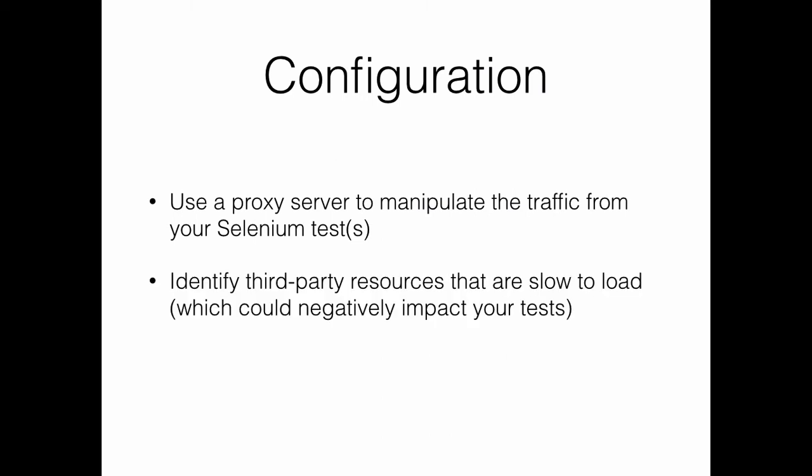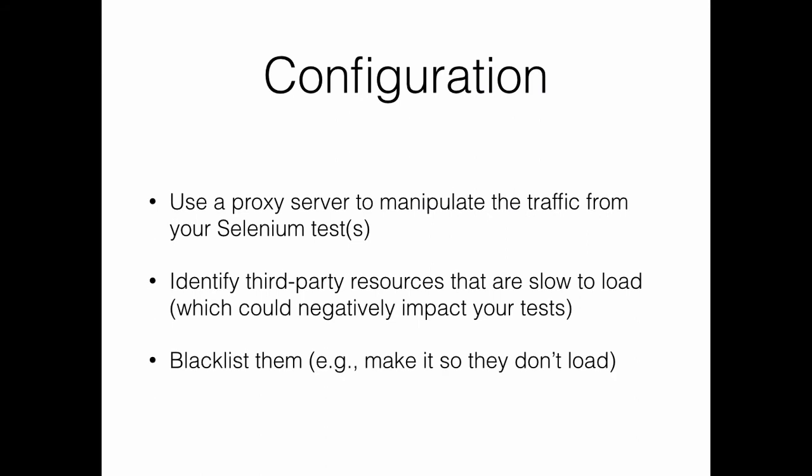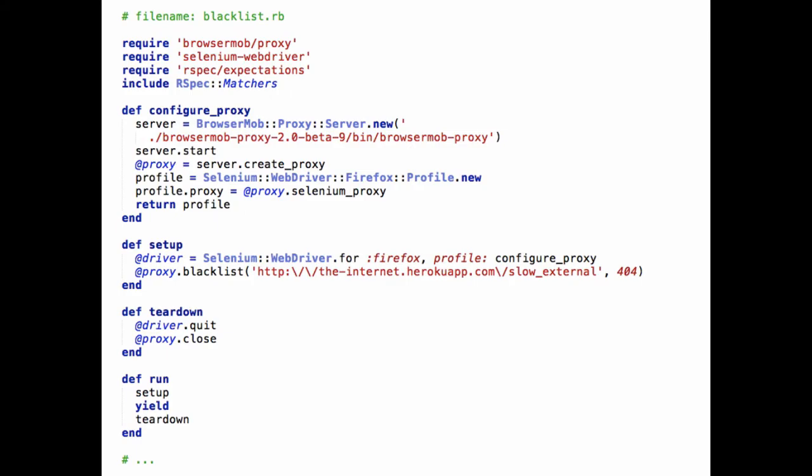So you can identify third-party resources that are slow to load. And these are things that could negatively impact your tests that are outside of your control. Say, for instance, if you have ads from a third party, Facebook ads, something like that, you can actually find them and force them to not load. And by doing that, you would just blacklist them. And what that looks like is this.